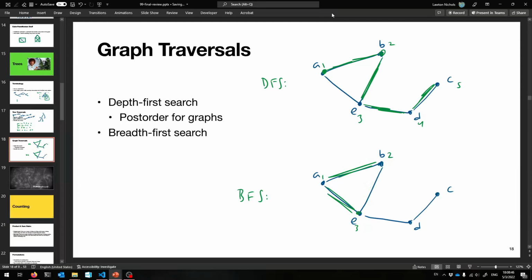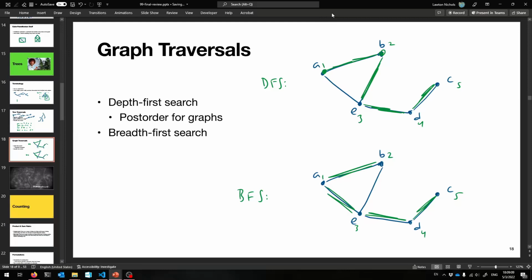And then E goes to all of its neighbors that are unseen. So it's going to D, that's 4, and then D goes to C is 5. So it's going as wide as possible at the start, whereas DFS is going as deep as possible at the start and throughout. Okay? So those are the orders in which we visit those nodes for DFS and BFS.